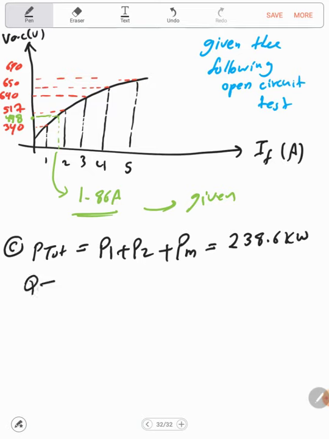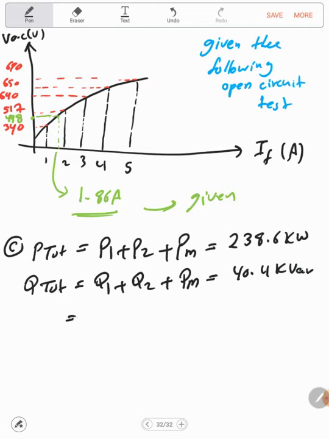Q total will equal Q1 plus Q2 plus Q of the motor, and this will equal 40.4 kilo var.